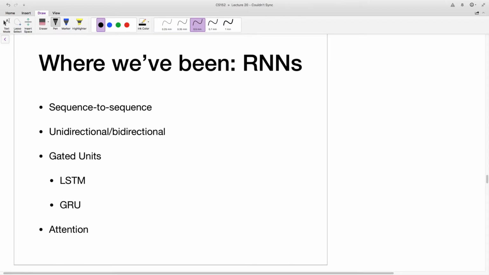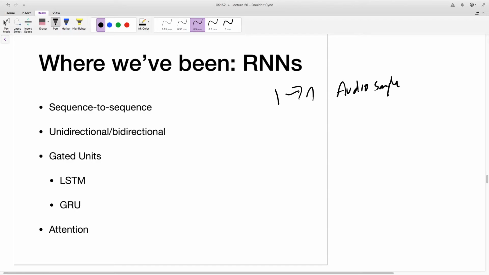RNNs, so our sequence to sequence, where one or the other of this sequence can be one. So we can go from a particular input to a sequence output. An example would be... Audio sample?